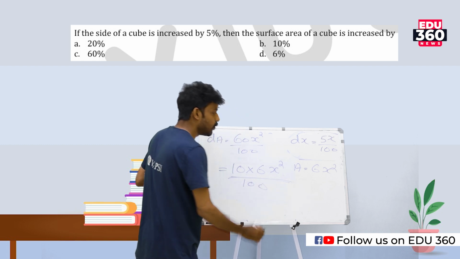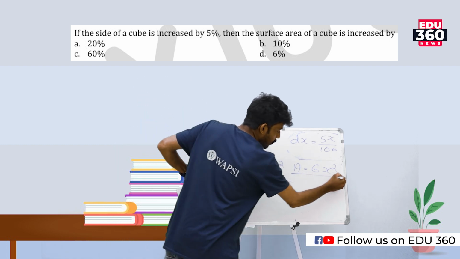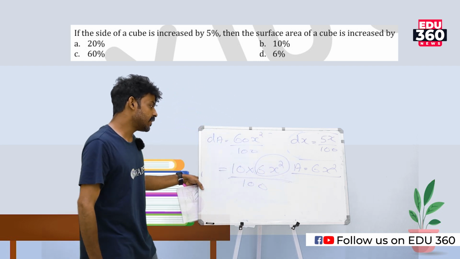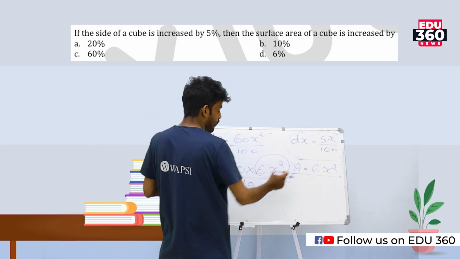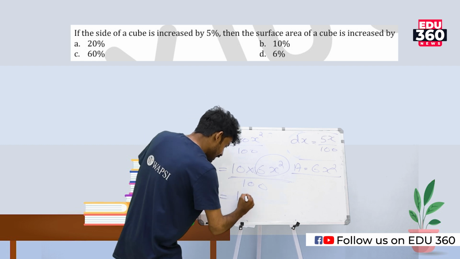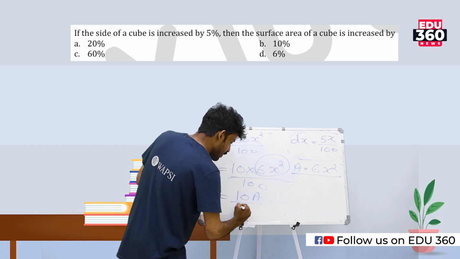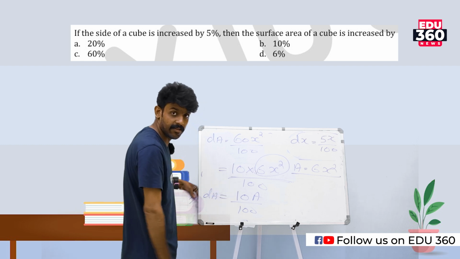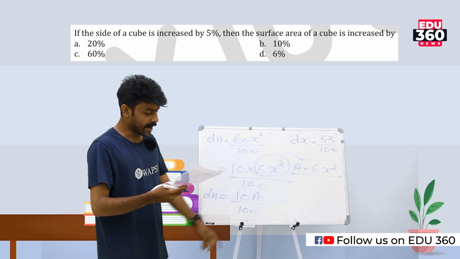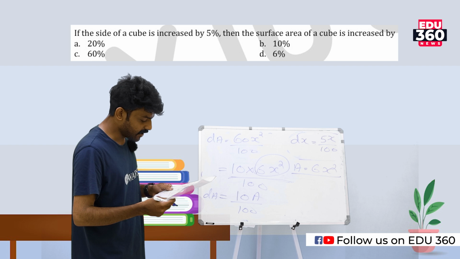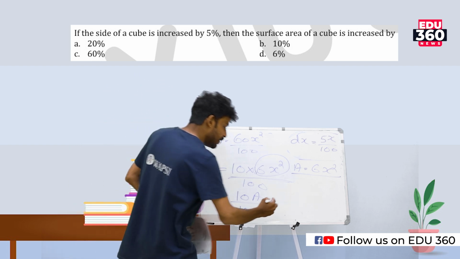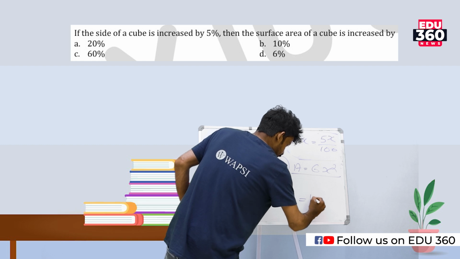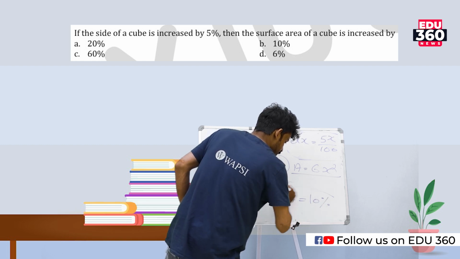Okay, now look at here. We know that A is equal to 6x square. So for 6x square, we can substitute A here. So that is 10A divided by 100. So dA is equal to 10A divided by 100, that means dA is equal to 10%.